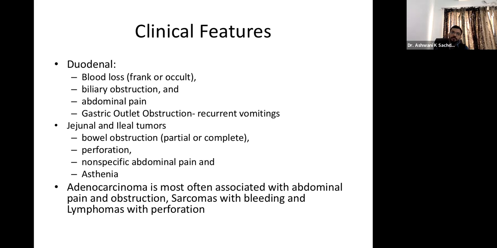Jejunal and ileal tumors present with partial or complete bowel obstruction, perforation, non-specific abdominal pain, asthenia, etc. Adenocarcinoma is most commonly associated with abdominal pain and obstruction. Sarcomas usually present with bleeding, like cysts, and lymphomas more commonly present with perforation.